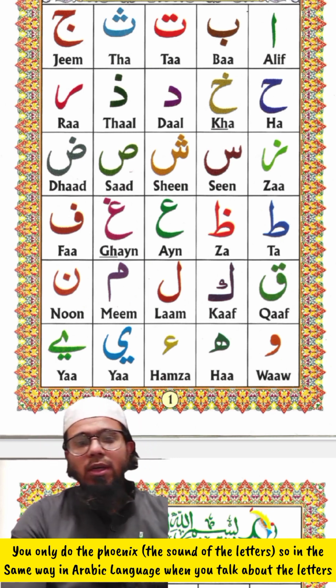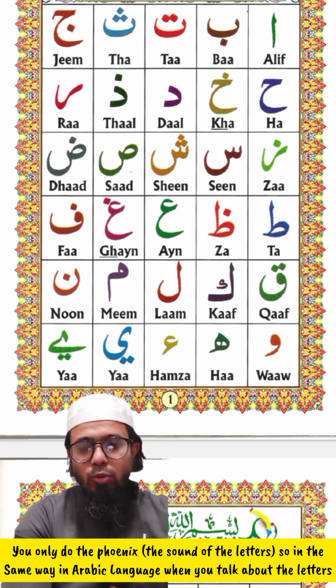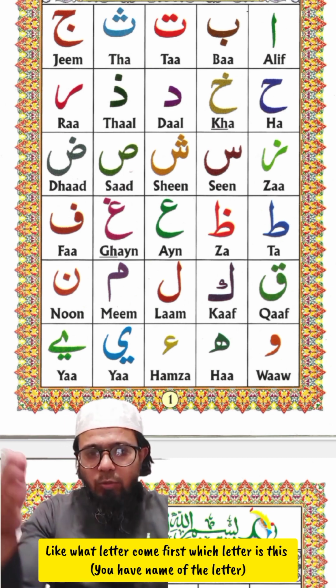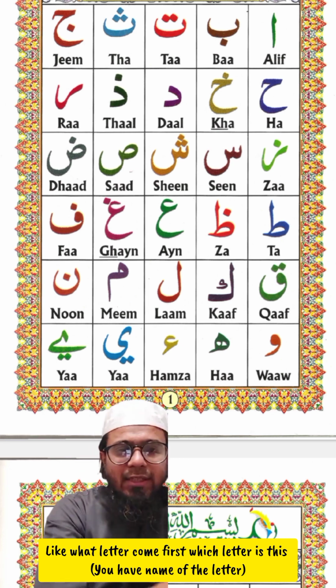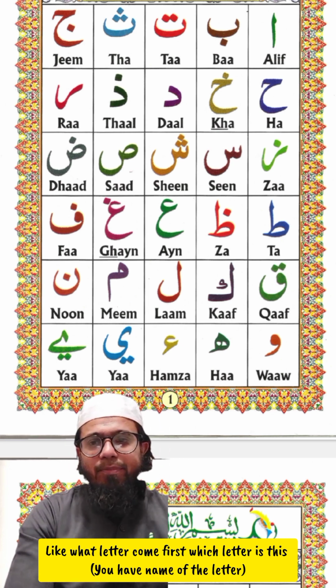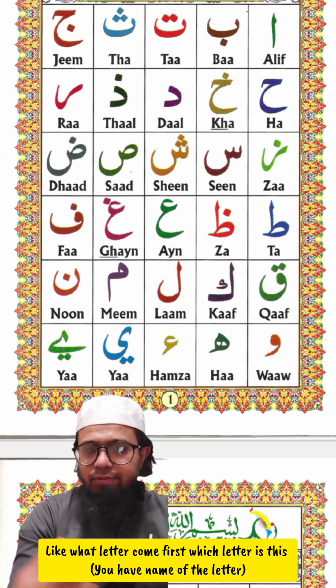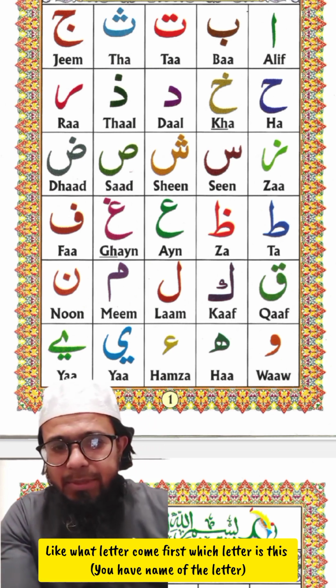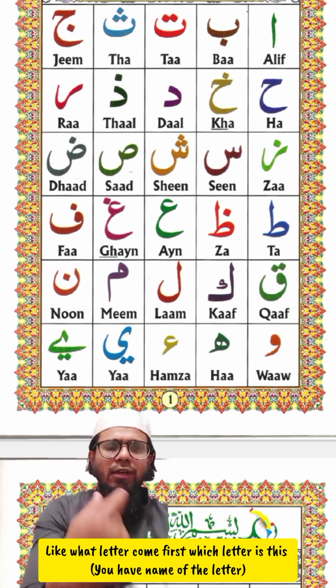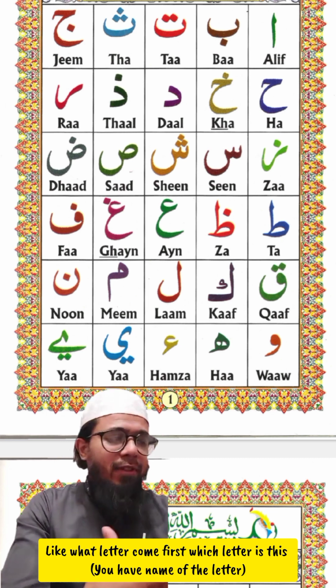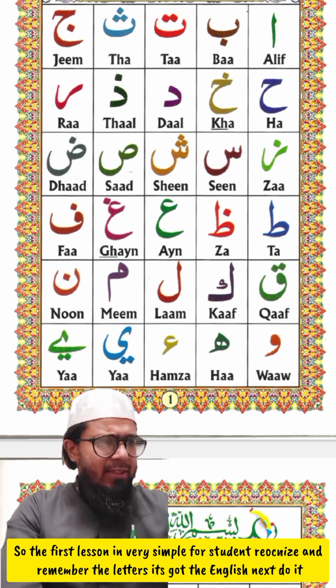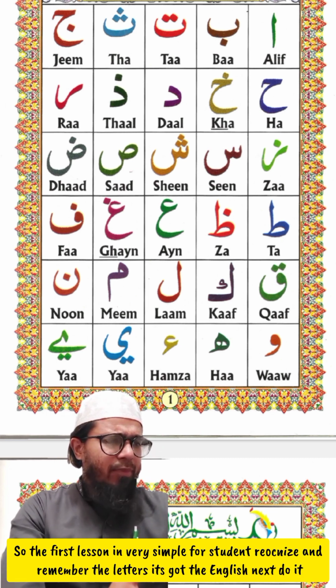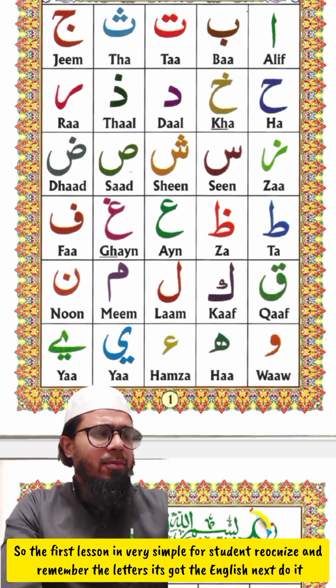So in the same way in the Arabic language, when you're talking about the particular letter, like which letter is this, the letter B. If you don't talk about the particular letter, then you have to refer to it by the name of the letter. So in the first lesson, it's very simple for students to recognize and remember the letters.